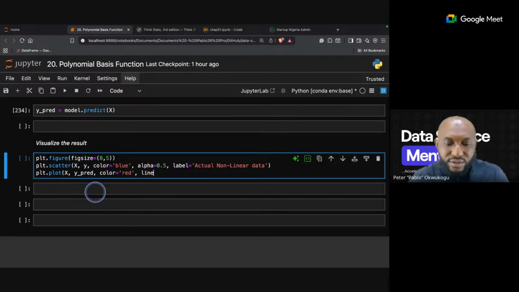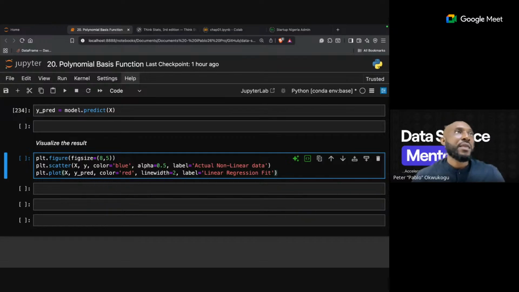Then we'll have something called the line width, which makes it different from the initial one. Then our label is the linear regression fit.